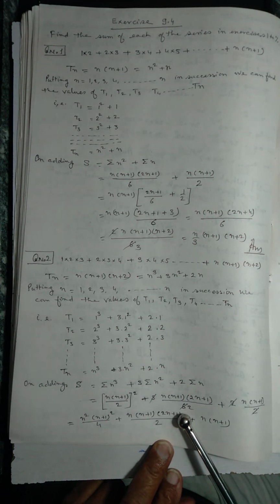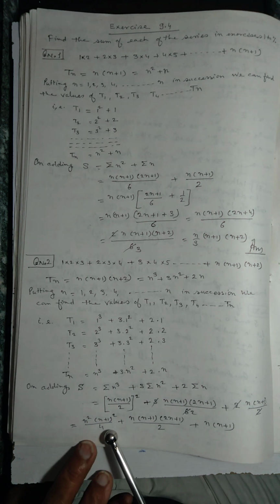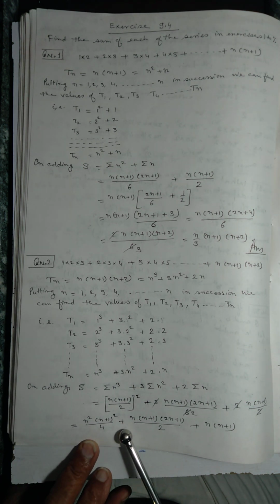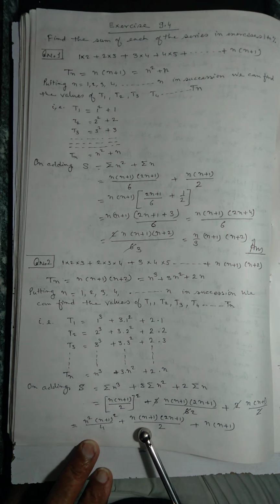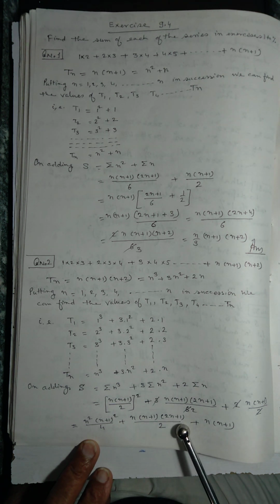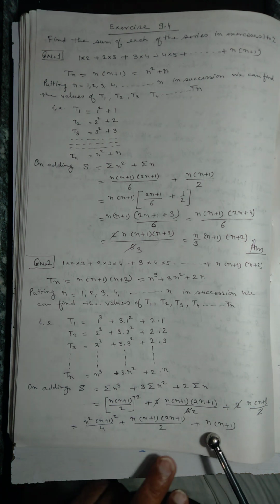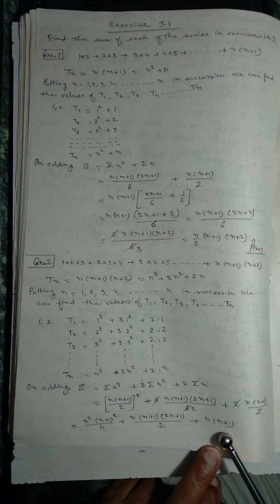Similarly here the 3 and 6 will be cancelled. Now we are left with n square into n plus 1 whole square by 4 plus n into n plus 1 into twice n plus 1 whole divided by 2. Here you will get n into n plus 1. Now we have to take common.